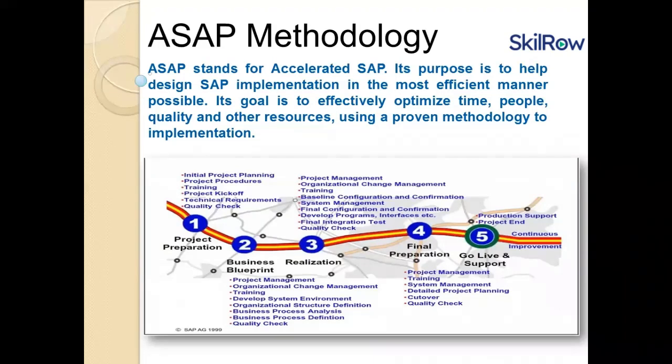Everything they will start collecting. In collection itself, almost 2 to 3 months will be over. So every module will come and start collecting, and they will be reviewing whether they have the correct data or not. So all those things will happen in business blueprint. You understood now? Okay, right.